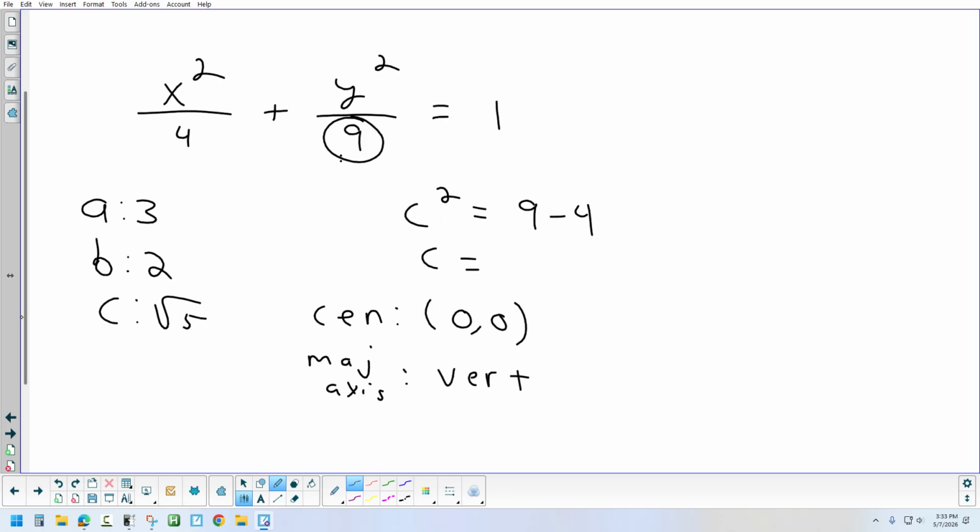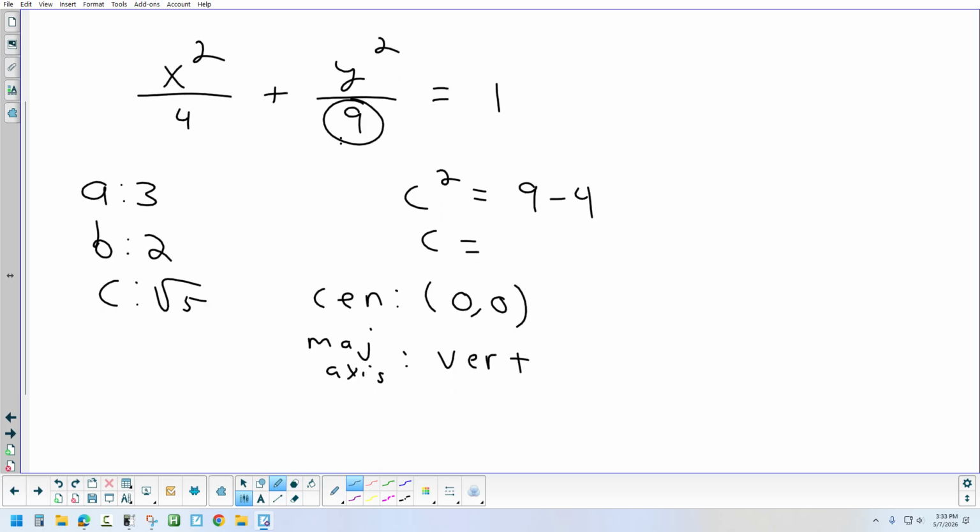Now, how many units away from the center are the vertices going to be? Is it A or B? So from center to vertex, that is A. So it's 0 to 3, 0 to negative 3. Yep, it's going to be up and down from the center. So we can use that plus or minus because the points are symmetrical.